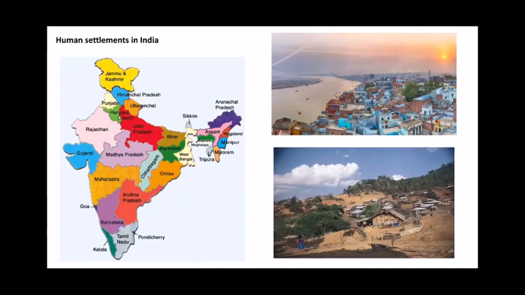These settlements depend on a variety of factors. It may be climate, the availability of water, or the slope of land. If it is very sloping, you might have seen houses built on the slopes of mountains, and even the level of development. What kind of development is there?